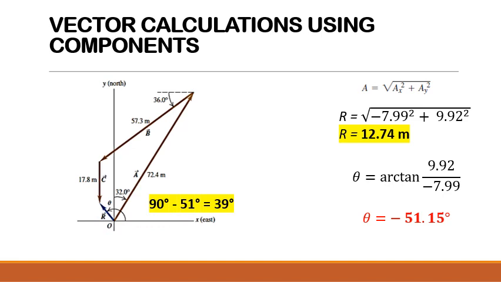But if you want to measure from the positive x-axis, 39 plus 90 is equivalent to 129 degrees. Therefore, the answer could be 12.74 meters, 39 degrees west of north, or 12.74 meters, 129 degrees north of east. So that will be the answer.